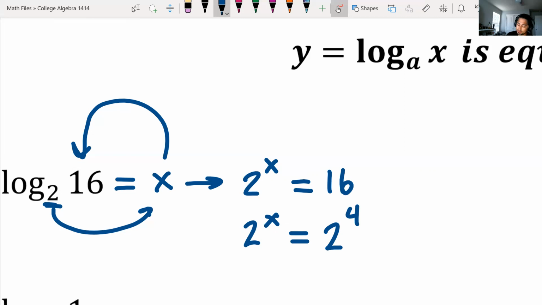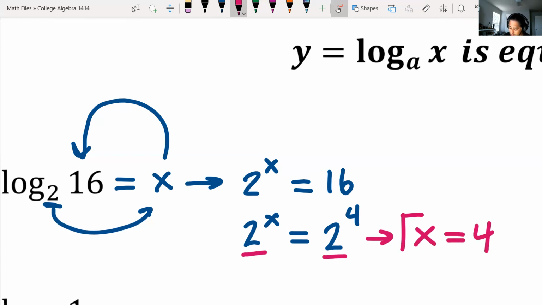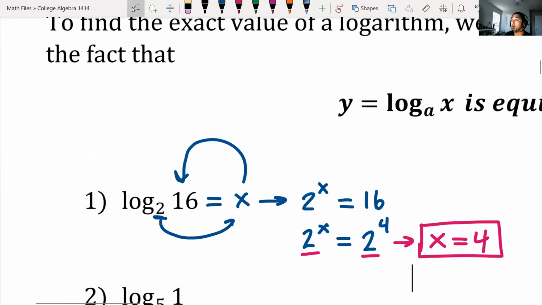And since the bases are the same, you set the exponents equal to each other. And here, x just equals 4. So log base 2 of 16 is 4.